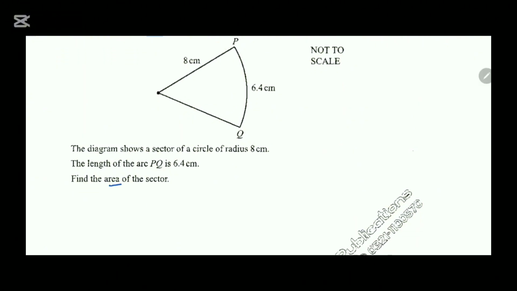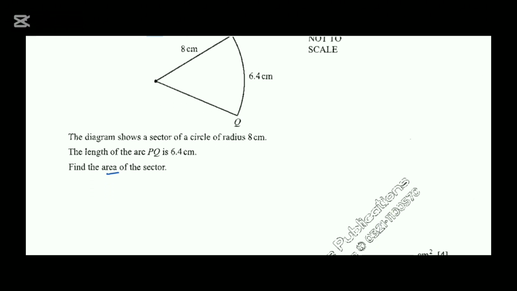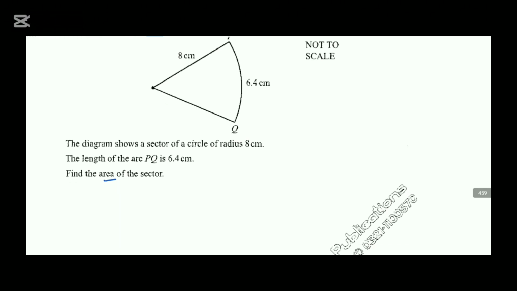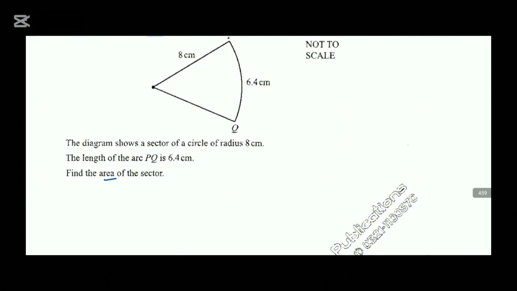So again, the area of the sector formula is theta over 360 into pi r square.